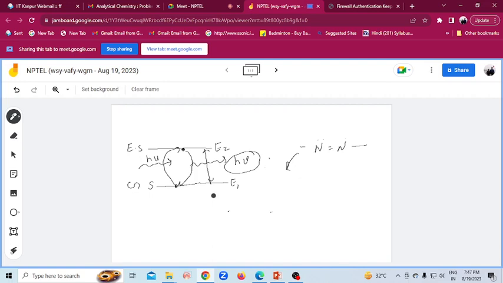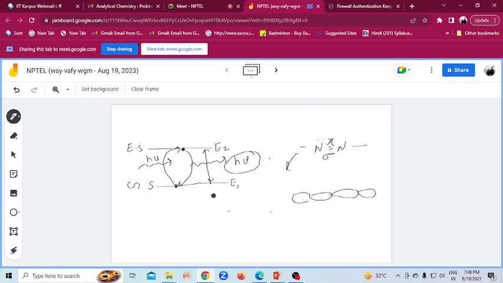Here nitrogen and nitrogen are double bonded, so one is a sigma bond and another is a pi bond. If you do not know what sigma and pi bonds are, then I will tell you. A sigma bond forms when two orbitals overlap head to head.